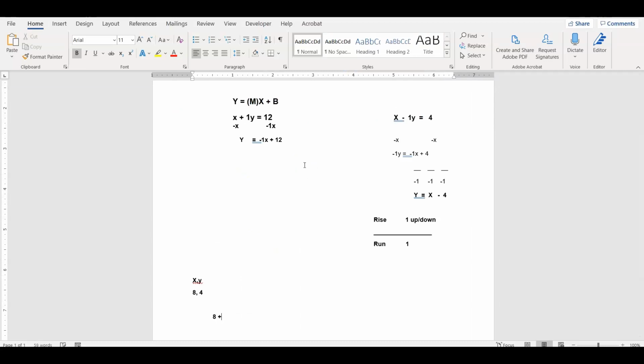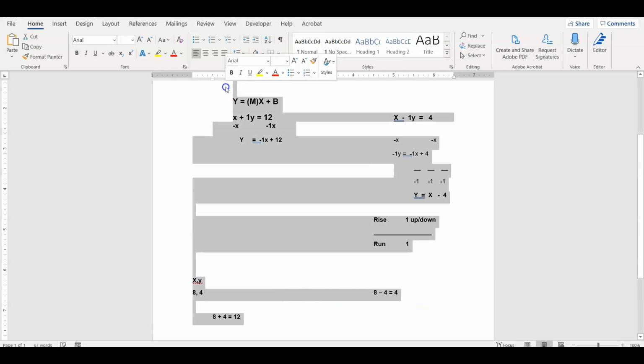So 8 plus 4, this is the check, equals 12. x plus y equals 12. 8 plus 4 equals 12 checks out. And for this one, we have x minus y equals 4. x is 8 minus 4, which is y, equals 4. That also checks out. It is the same answer as we got before.